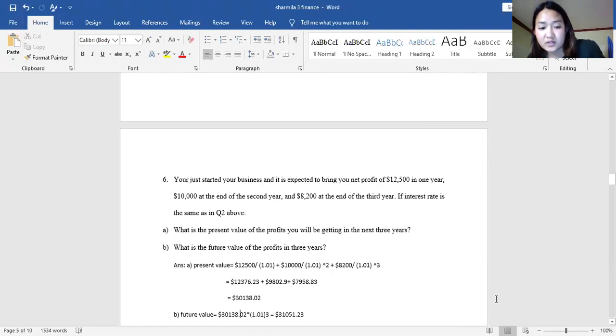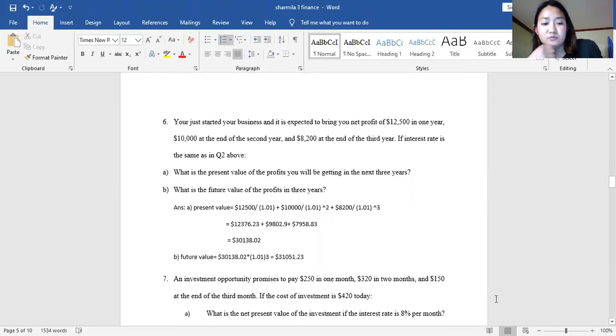For question number A, present value equals $12,500 divided by 1.01, plus $10,000 divided by 1.01 to the compound power 2, plus $8,200 divided by 1.01 to the compound power 3, that is equal to $30,138.02.